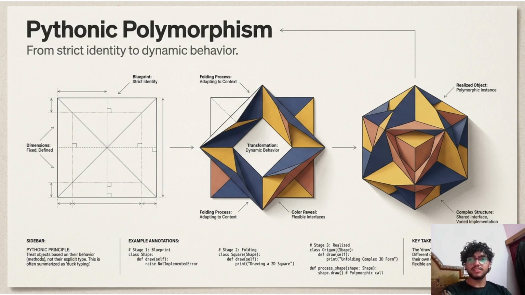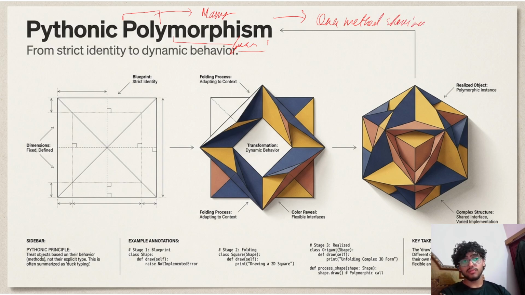Polymorphism has two words, poly and morph, meaning many forms. So one method showing many forms, many behavior forms, this is called polymorphism in Python.